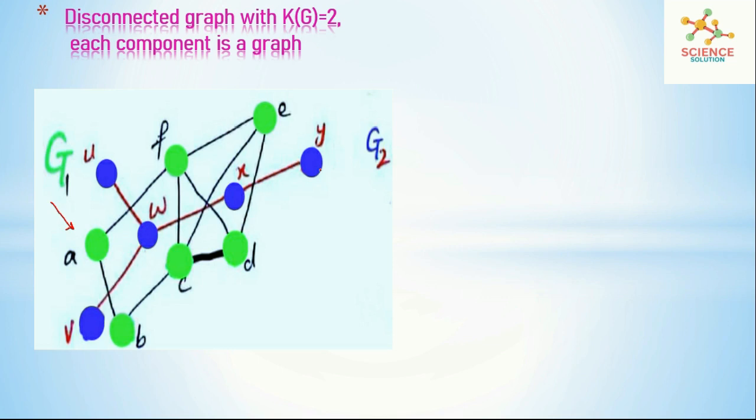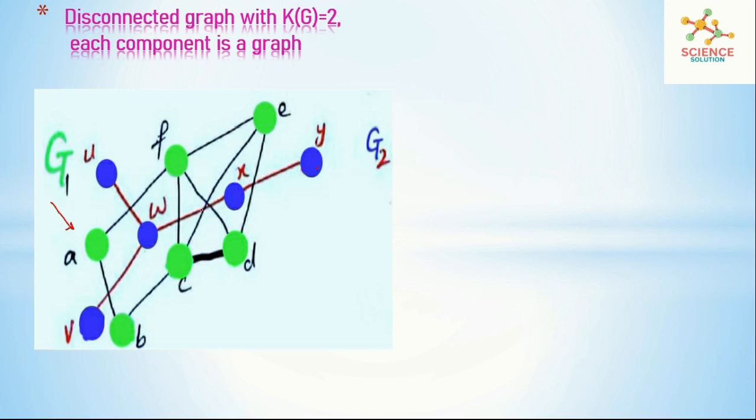Here the vertices of G1 are A, B, C, D, E and F, and the vertices of G2 are U, V, W, X and Y.